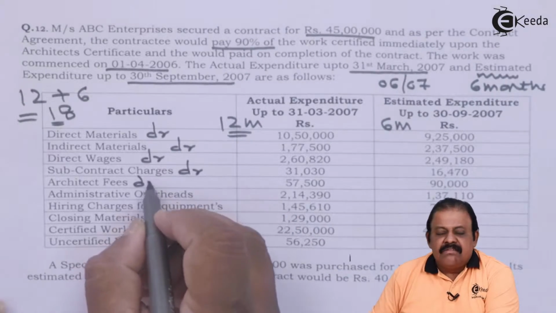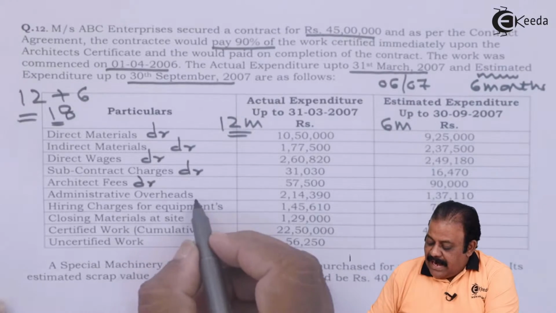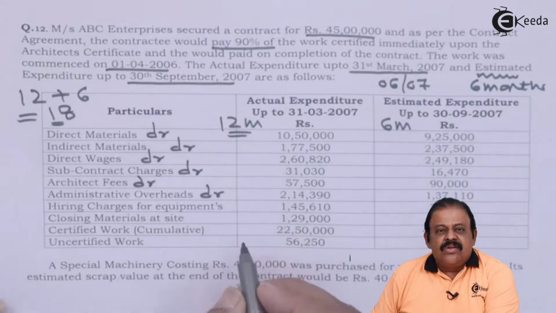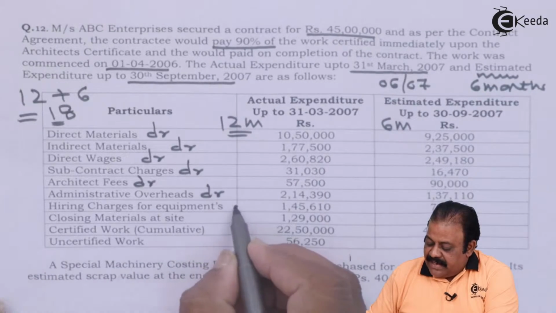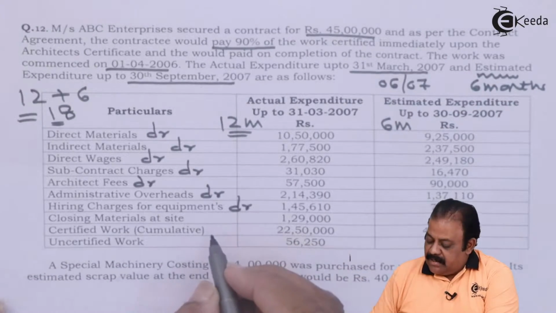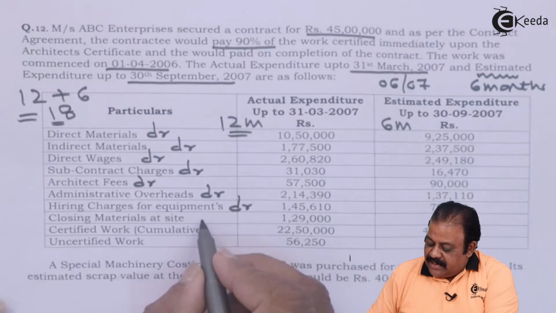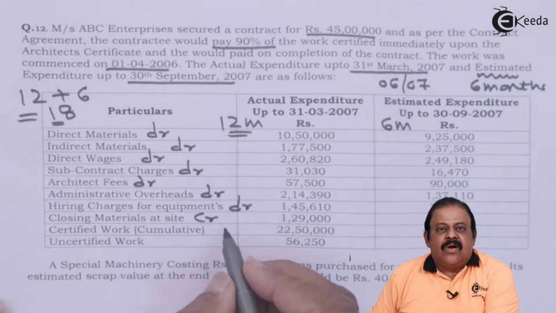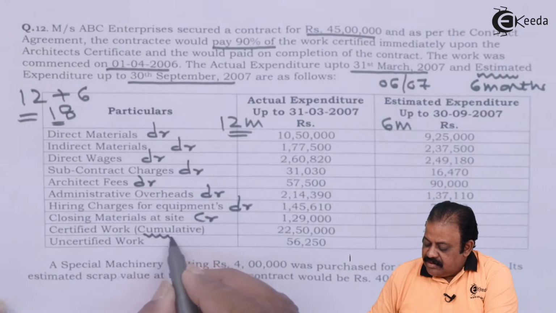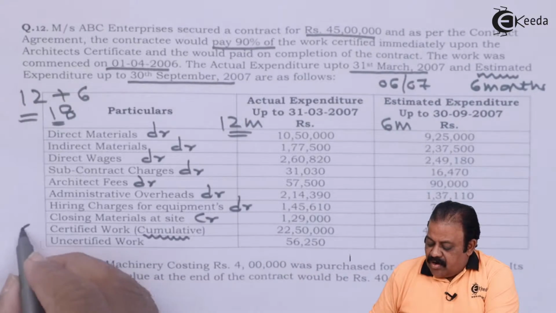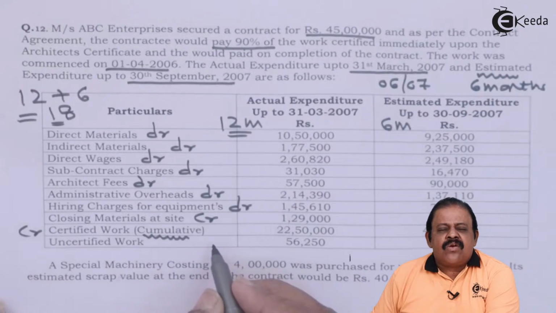Architect fees, contract account debit. Administration overheads, contract account debit. Hiring charges for equipment, contract account debit. Closing material at site, contract account credit. Certified work, this will be recorded to the credit of contract account.